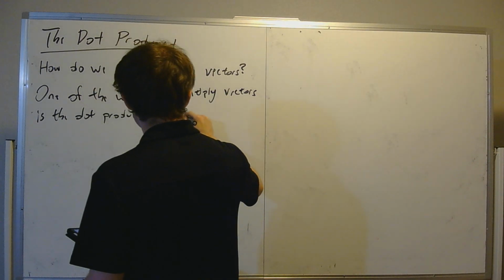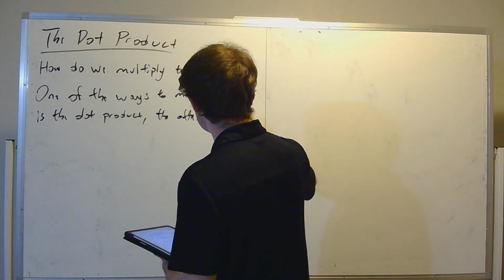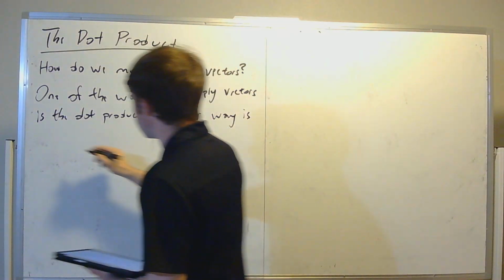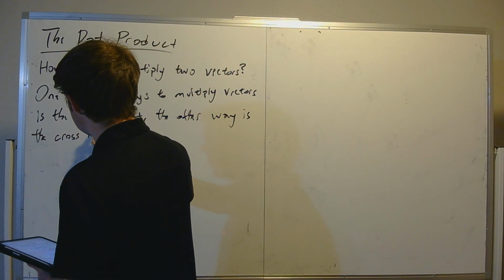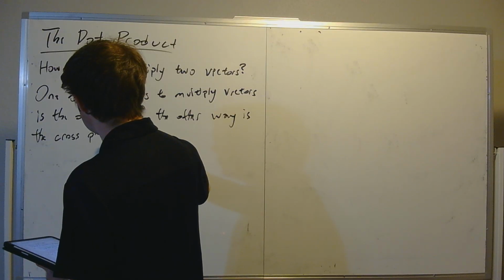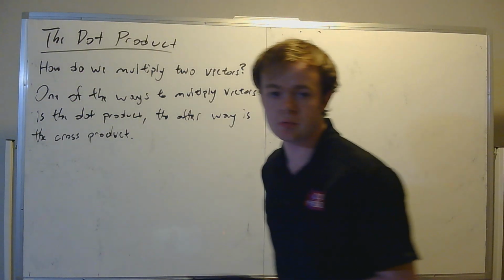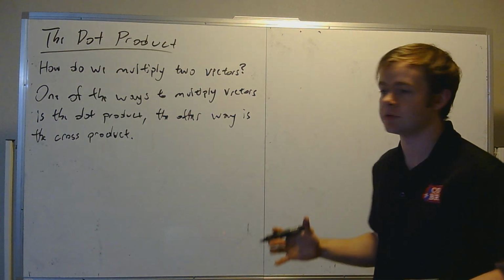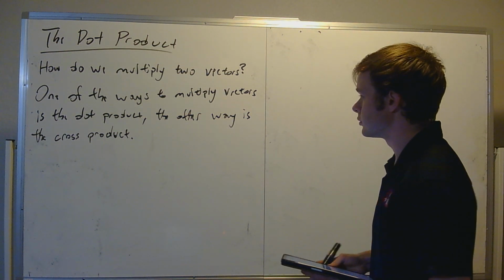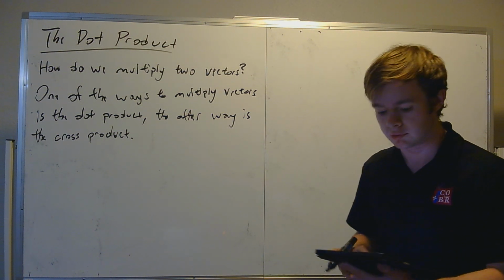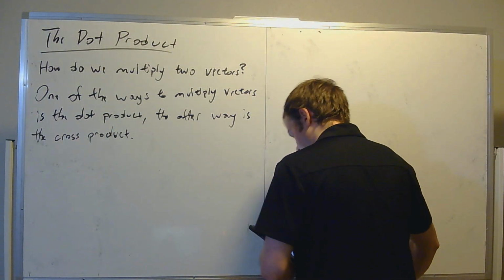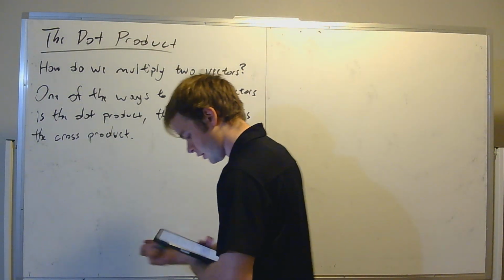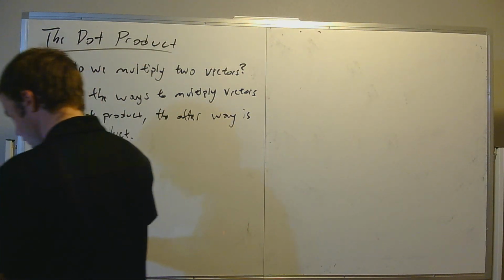The other way is the cross product. So we've got two ways to multiply vectors. One of them is the dot product, and the other one is the cross product. We're not going to talk about the cross product today, but we do want to talk about the dot product. So let's figure out what the dot product is.